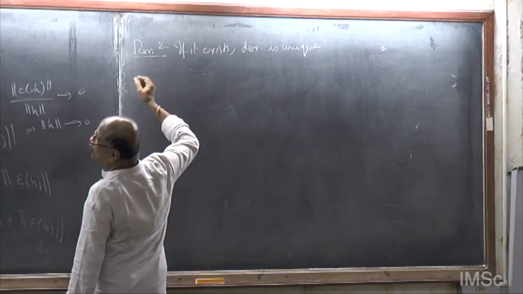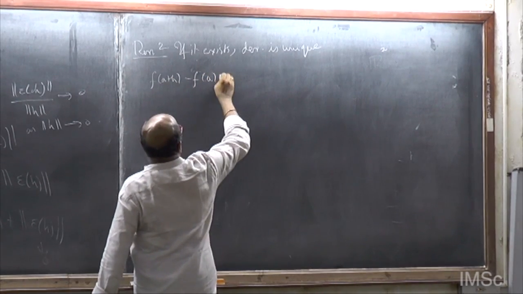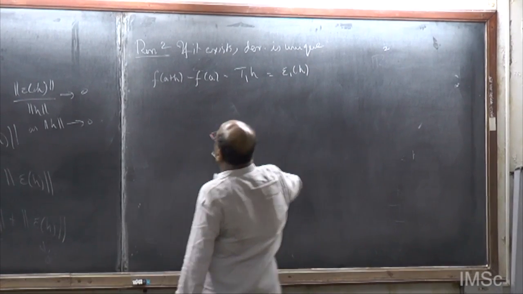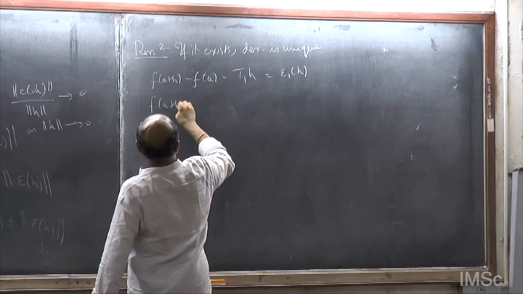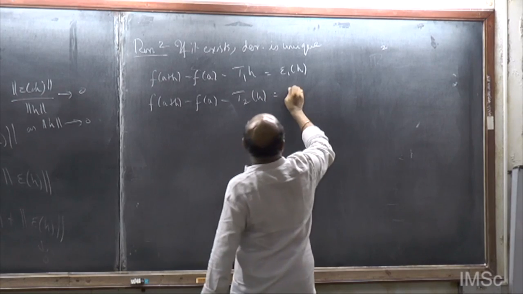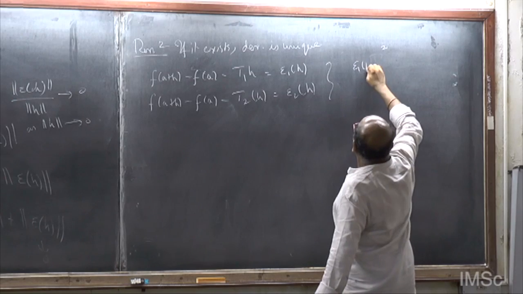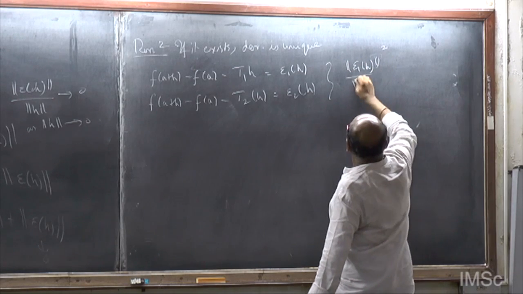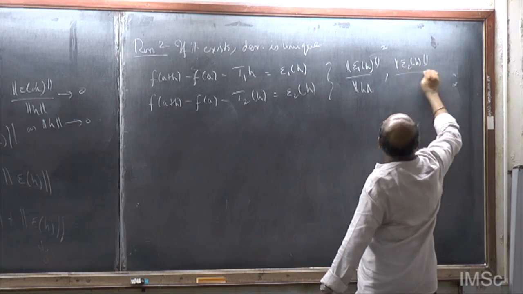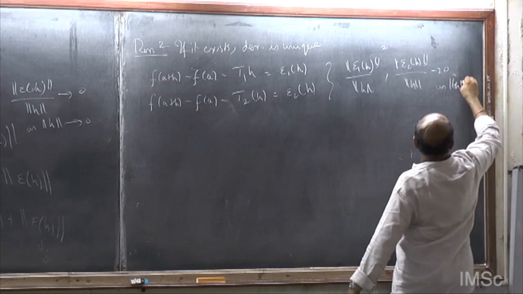So assume there are two of them. f(a+h) - f(a) - T1(h) is say epsilon 1(h), and f(a+h) - f(a) - T2(h) equals epsilon 2(h), where epsilon 1(h) by norm h and epsilon 2(h) by norm h go to 0 as norm h goes to 0.